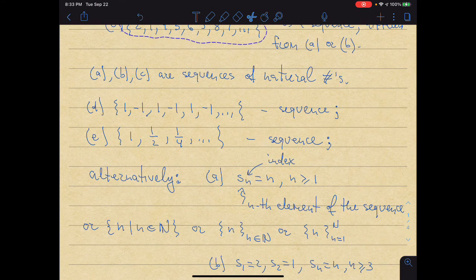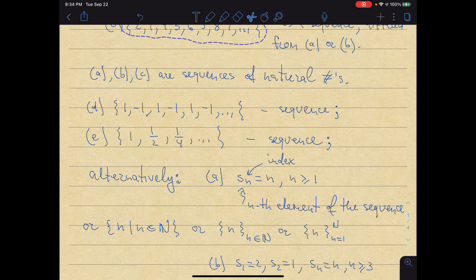Sequence D, here we're alternating between 1 and minus 1. Then as n goes to infinity, there is no specific behavior except the fact that you keep jumping between minus 1 and 1. So the sequence does not really approach any particular number.